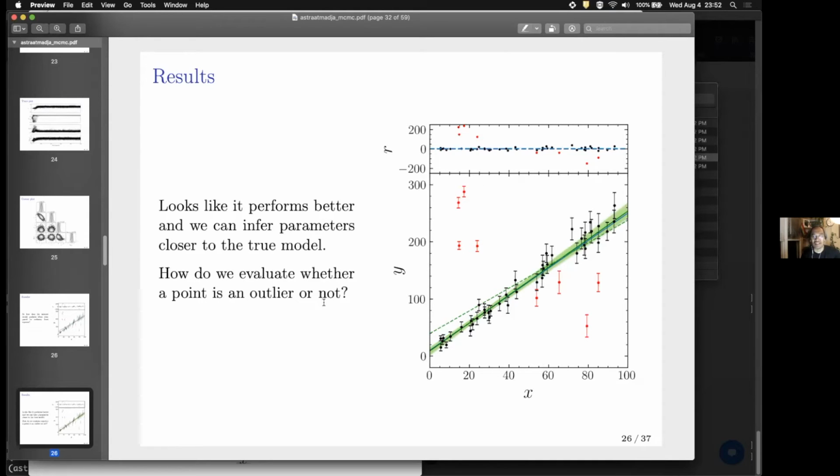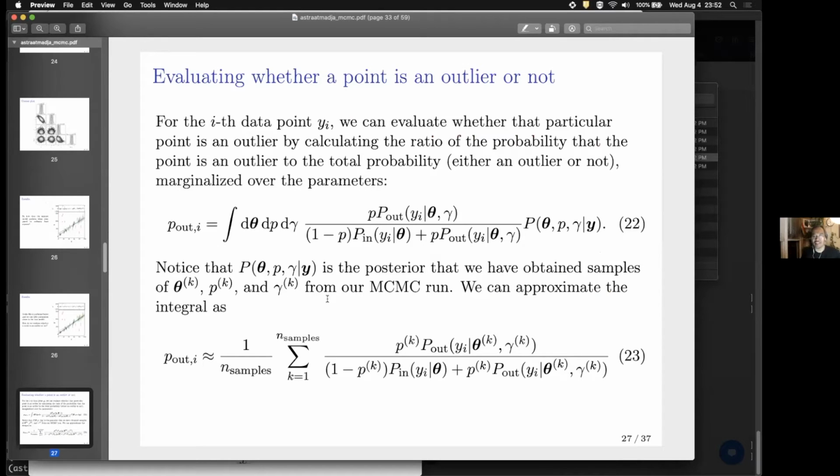Now, is there a way to evaluate probabilistically if a point is an outlier or not? Yes, we know the mixing factor, and we know that we have a model. So what we can do is calculate the probability ratio between two hypotheses, outlier and the total. We calculate this odds ratio, but we have to marginalize it over all possible parameters.